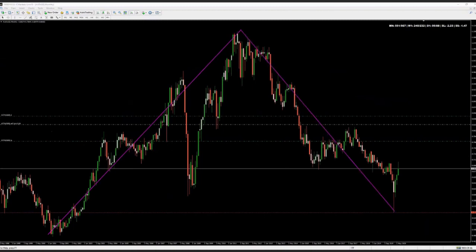So the origin of this move is here. This is where price got to, and this is currently the lowest point where price is at the moment.